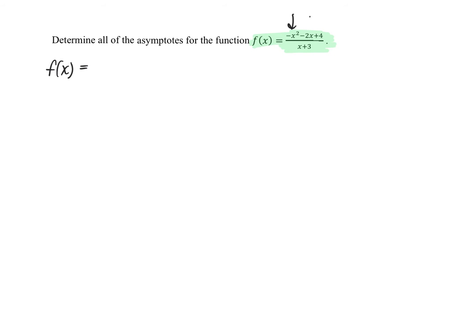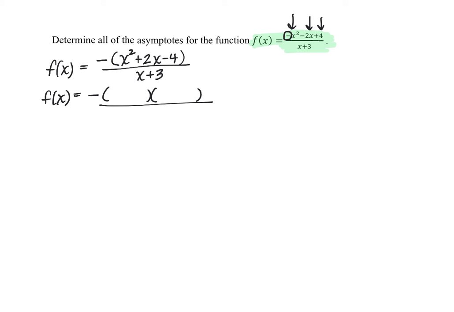So we have 3 terms in the numerator, and because we do have a leading coefficient that is negative, I'm going to go ahead and factor out the negative from all of the terms in the numerator, because it's so much easier to factor when the leading coefficient is positive. So once I have that negative factored out, I'm going to try to factor x squared plus 2x minus 4 into 2 binomials.